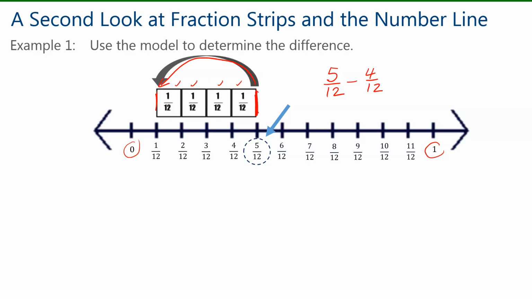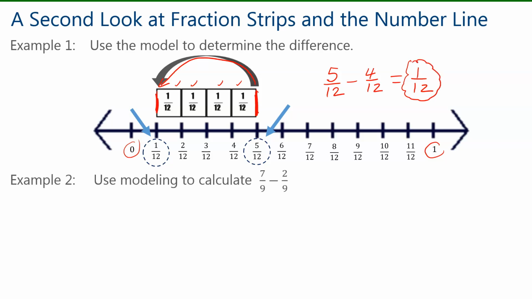And where do we end up? Well, we end up at 1/12. So 5 twelfths, take away 4 twelfths, equals 1/12. Simplest form.